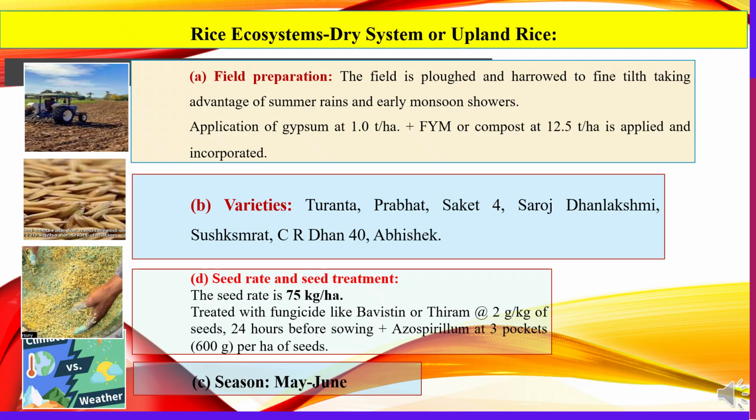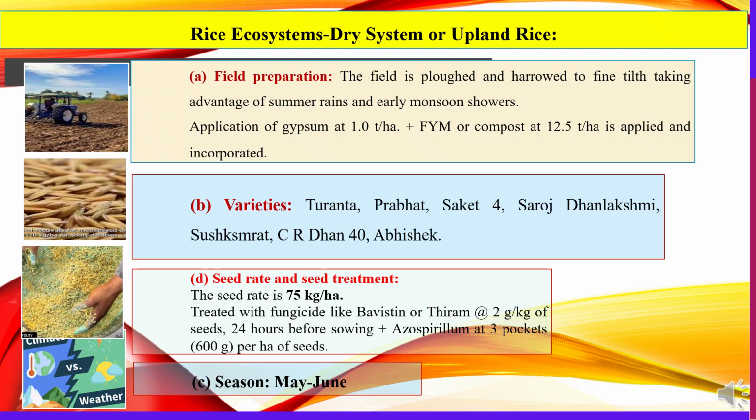The field is ploughed and harrowed to achieve fine tilth, leveraging the summer rains and early monsoon showers. Gypsum is applied at 1 tonne per hectare, and FYM or compost is incorporated at 12.5 tonnes per hectare. Varieties: Turanta, Prabhat, Saket 4, Saroj, Dan Lakshmi, Sushk Samrat, Sidardan 40, Abhishek.